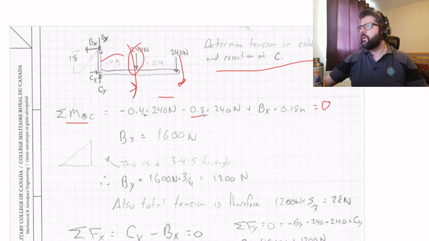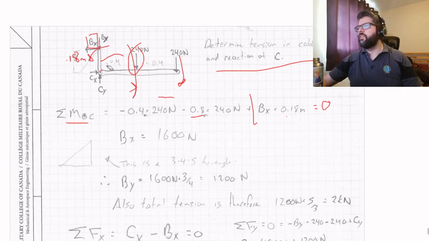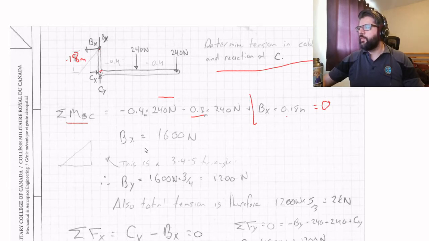And we've got our Bx here, so the x component of the tension in the cable, times this 0.18. That didn't really show up too well when I scanned it. 0.18 meter span from here to here. So that'll be a positive, because again, taken about here, that's causing a positive rotation about the point here.